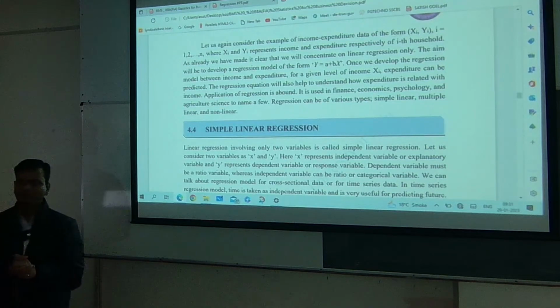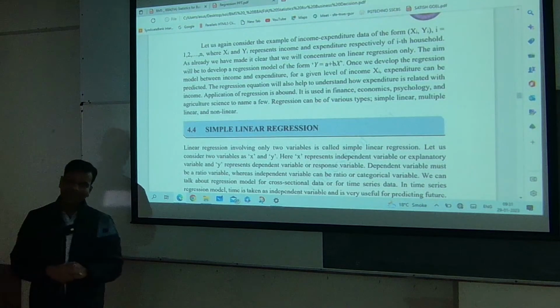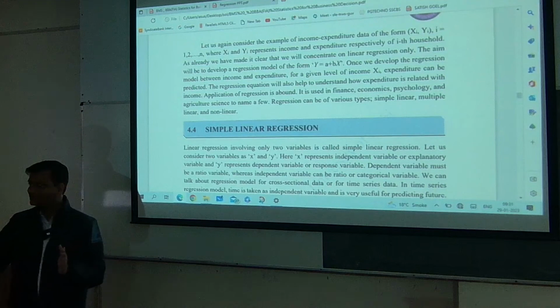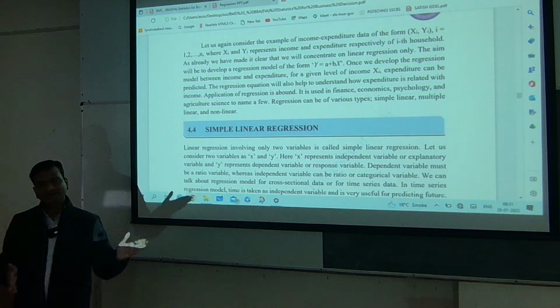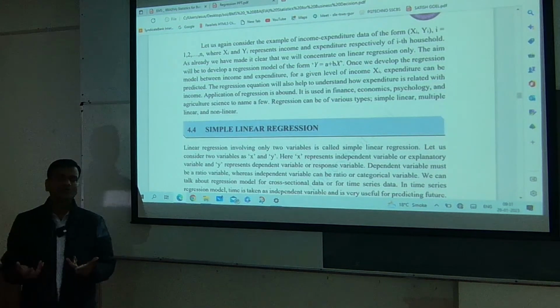very little about all these things, but mainly you have only the simple linear regression model where you have only two variables. One would be the independent and second would be dependent. So there are two variables, one is independent variable and other is dependent. So to whom you call dependent and to whom you call independent variable?